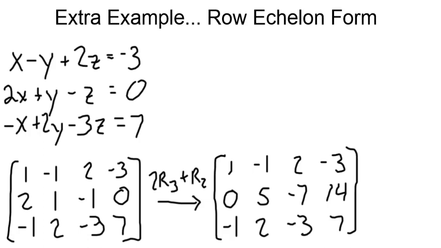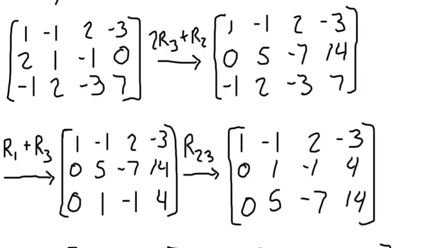So we're going to rewrite this in row echelon form. The first thing I'm going to do is multiply row 3 by 2 and add that to row 2. Okay, so what that does, that changes the second row to become 0, 5, negative 7, 14. Next thing we're going to take that matrix, we're going to take row 1 plus row 3, and if we do that, that's going to change row 3 to 0, 1, negative 1, and 4.